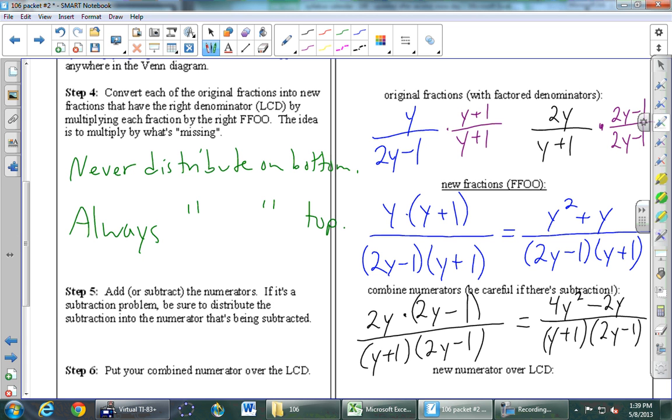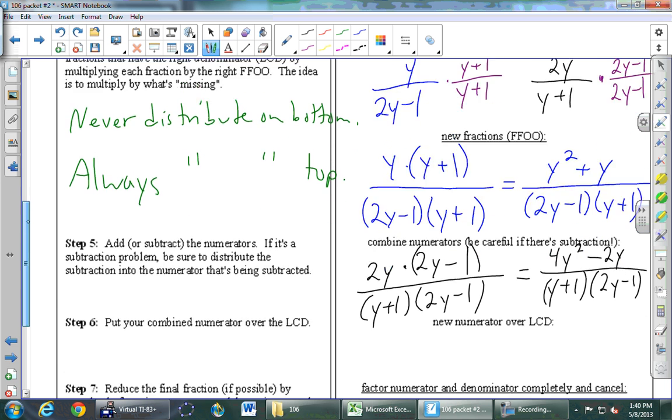And again, there's always this temptation, legal or illegal. Cancel those 2y minus 1s. That is legal. Yeah, it's perfectly legitimate to do that. It was multiplication, and we can cancel when we have two copies of the same thing for multiplication. But if you do that, all you've done is gone back to the original. We don't want that. You did hard work to get the right denominator. So even though you'll always have this opportunity, you never want to take it.